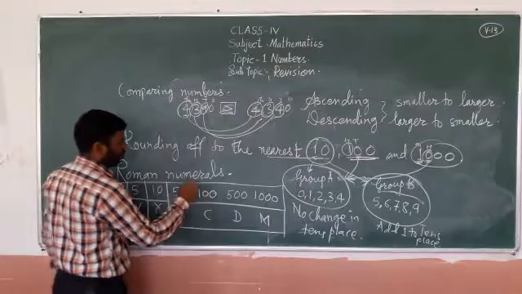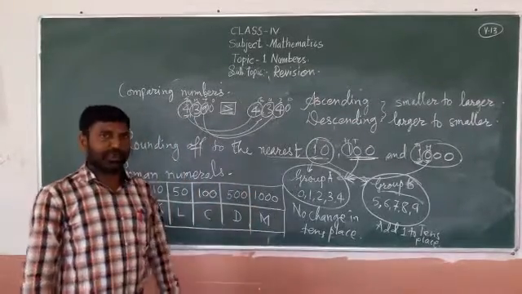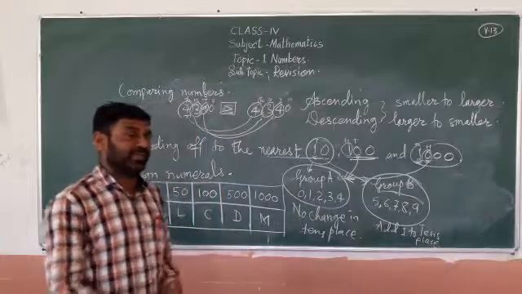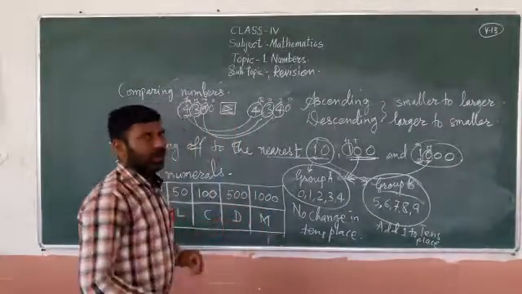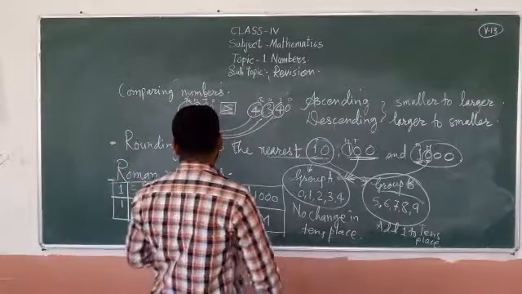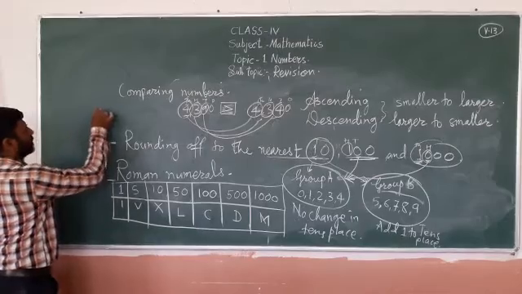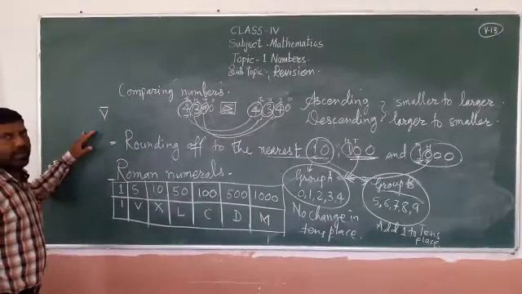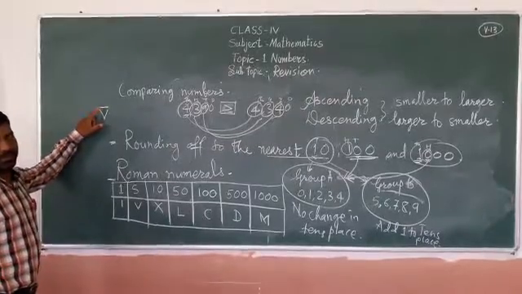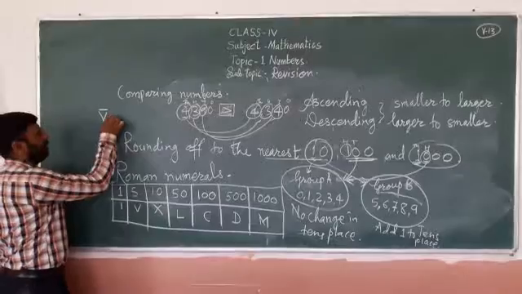And I told you in Roman numerals there is no symbol for 0. And I said one more thing in the previous video: if you put a bar, a sleeping line, on top of a symbol, the value of the symbol increases by 1000 times.